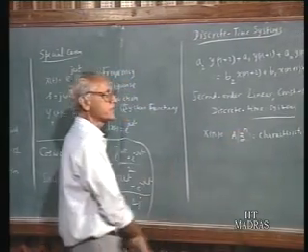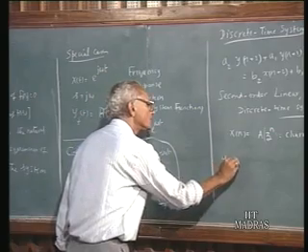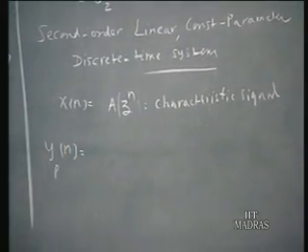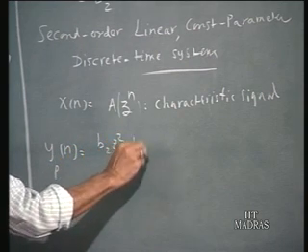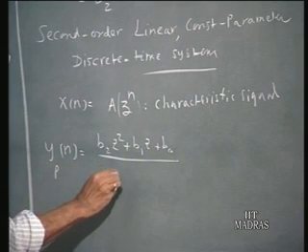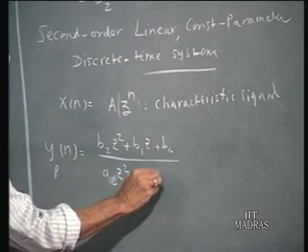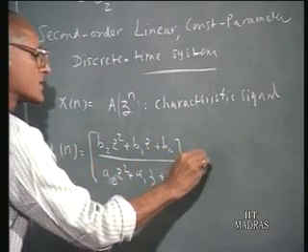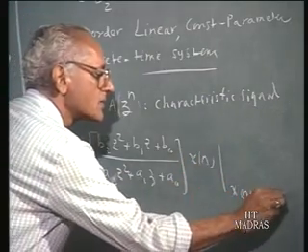Z to the power of n is a characteristic signal, and the forced response y of n, the particular integral solution, can be written as (b2 z squared plus b1 z plus b naught) divided by (a2 z squared plus a1 z plus a naught) multiplied by x of n, when x of n is a characteristic signal.